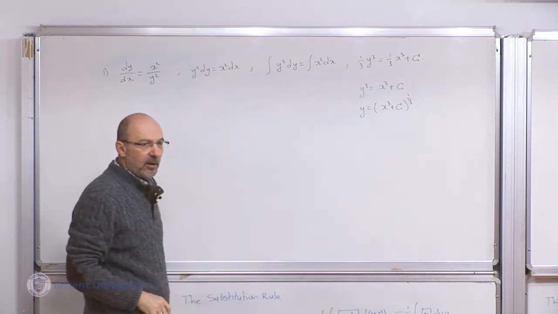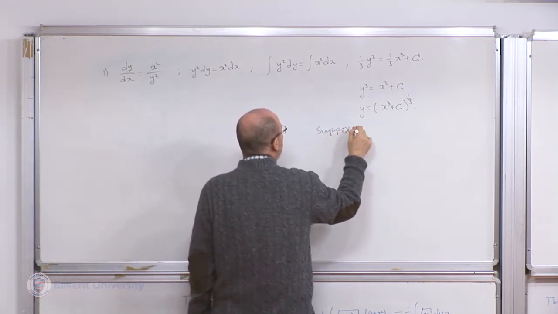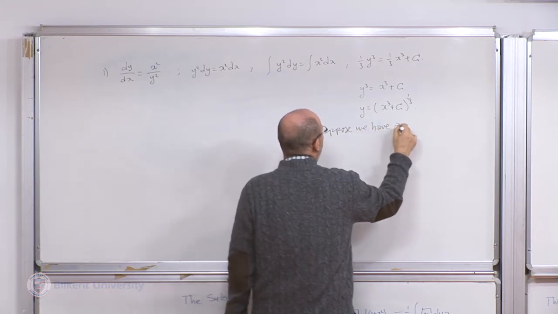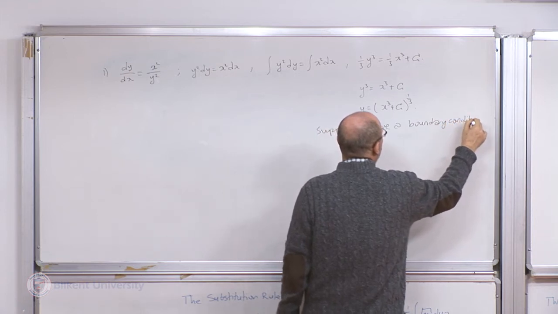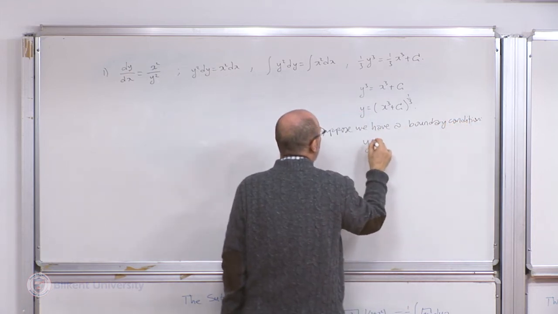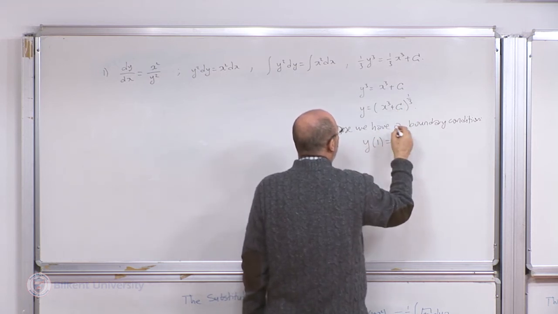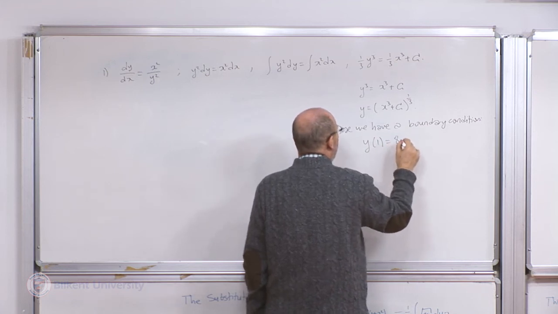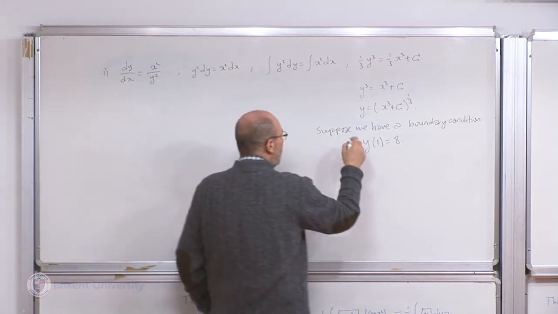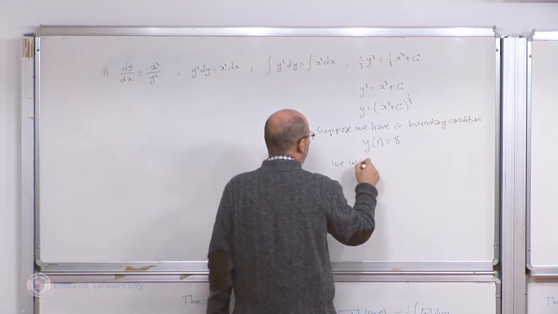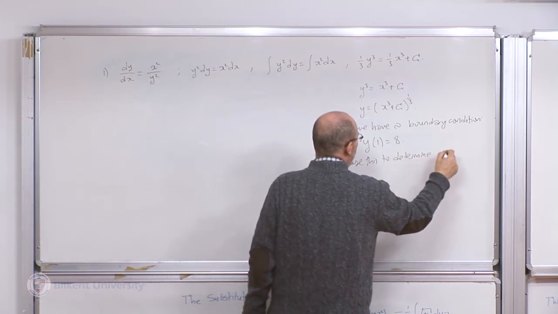Suppose we have a boundary condition. Okay, so suppose y of 1 is equal to cube root of 8. Then we use this to determine c.